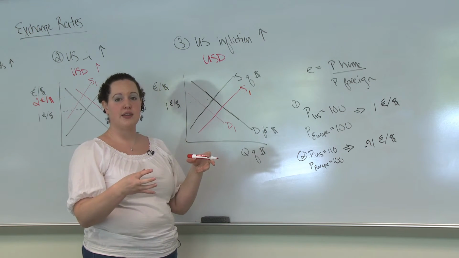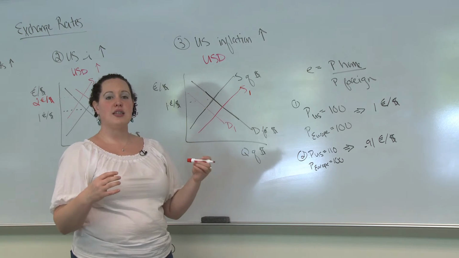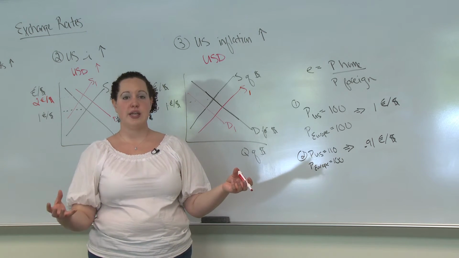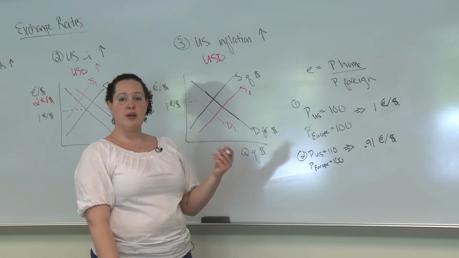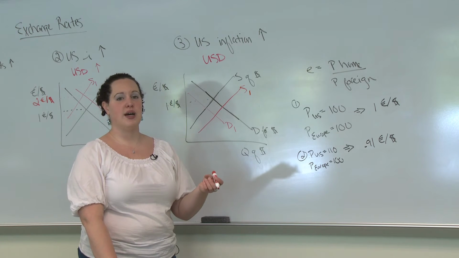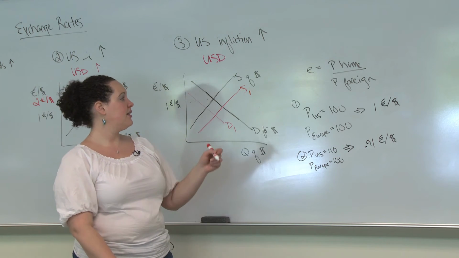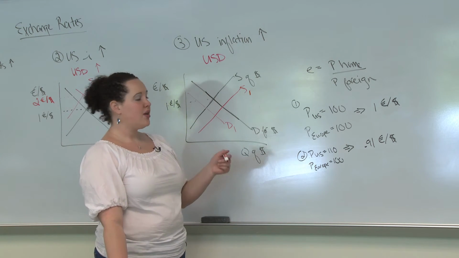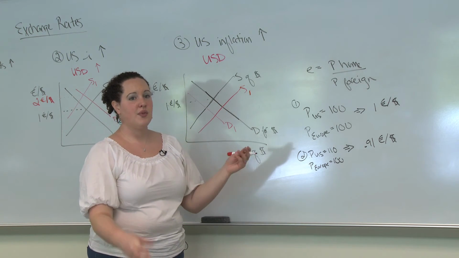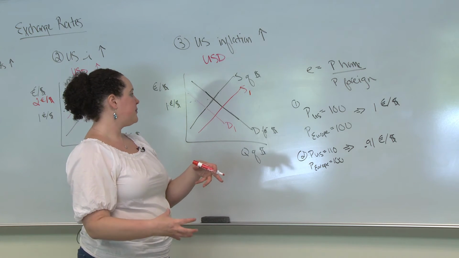The second thing that's going to happen when the US inflation rate increases is that the supply of dollars will also increase. And the reason for that is that if you're a US consumer who can either buy US goods or European goods, and US goods are now relatively more expensive compared to European goods, you'll probably want to buy more European goods. To buy European goods, you need euros, so you increase your supply of dollars to trade for euros. You use the euros to buy more European goods.